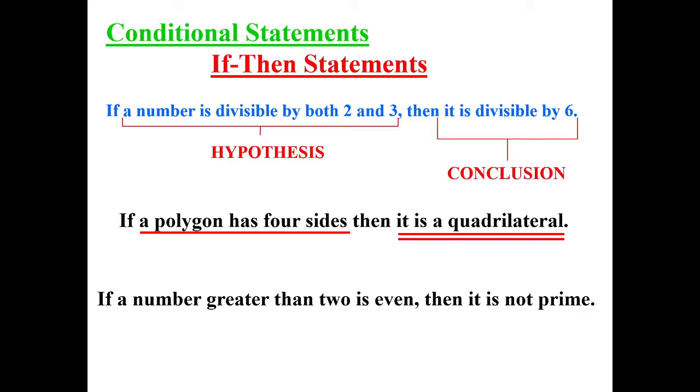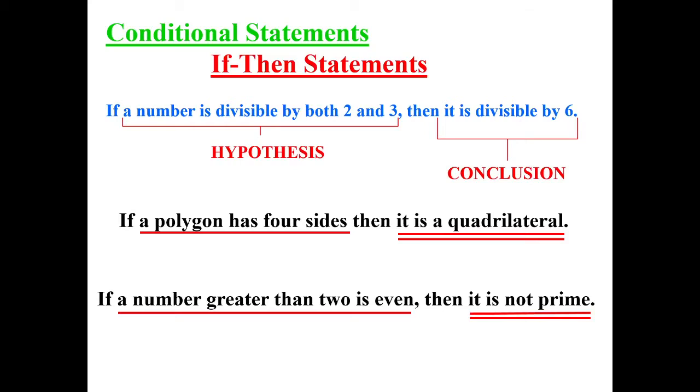So this is the hypothesis, a number greater than 2 is even, and this is our conclusion, it is not prime. It is very important that you know how to distinguish and identify the hypothesis and conclusion, because you will be using the concept in making a converse, an inverse, and a contrapositive.